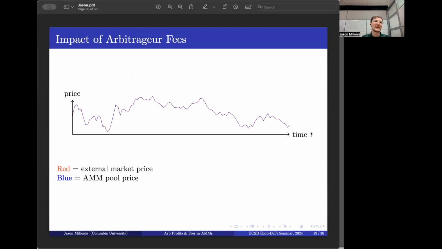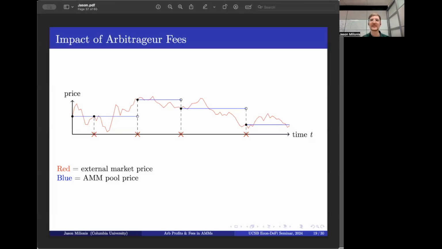But what if now the arbitrageurs can only arbitrage the market whenever the blocks are actually generated? So what you see here is that on the horizontal axis, you see these red axes. Let me draw your attention to these red axes. These are the times that you have blocks.